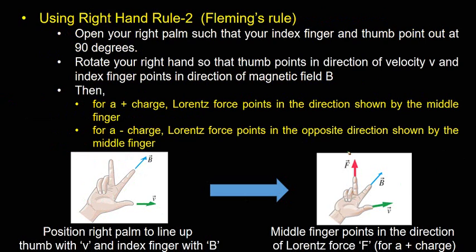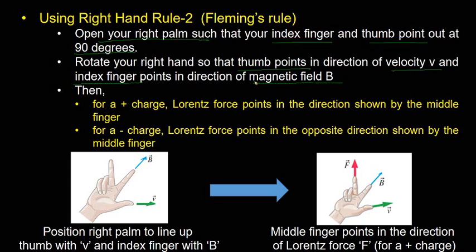This slide again revisits the Fleming's rule that was briefly mentioned in the earlier slide. The first step you have to do is open the right palm in such a way that the index finger and thumb point out at 90 degrees. Then rotate the right hand so that the thumb points in the direction of velocity, and the index finger points in the direction of magnetic field.